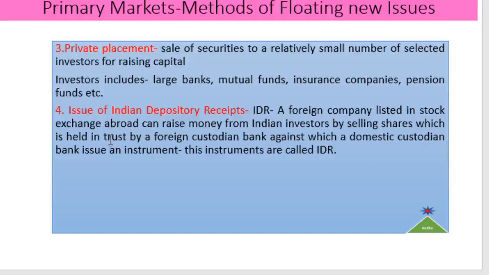Fourth important type is issue of Indian depository receipts. This is another method of selling securities in the primary market or floating of new issues. The method is that a foreign company listed in stock exchanges abroad can raise money from Indian investors by selling shares.